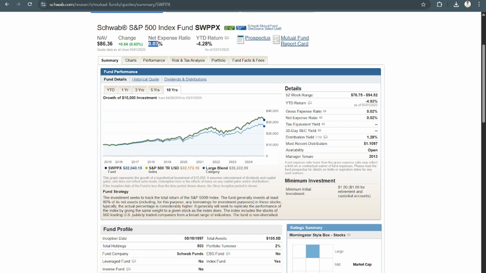As you can see here, it's 0.02%, which is lower than the Vanguard. So definitely, if you are a beginner or if you're a small time investor, you might want to focus on investments like the SWPPX.